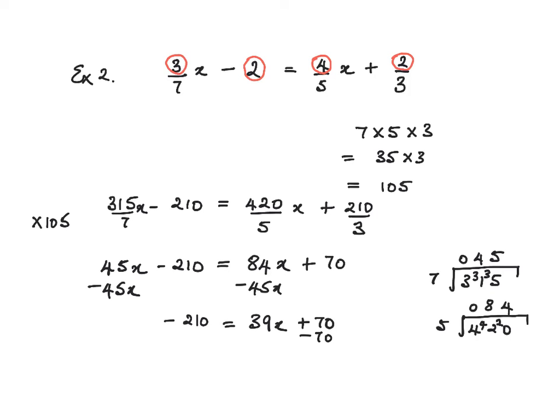Subtract 70, so that's minus 280 equals 39x. We'll divide by 39, so x equals minus 280 divided by 39. These are awkward answers, but don't worry too much about that.